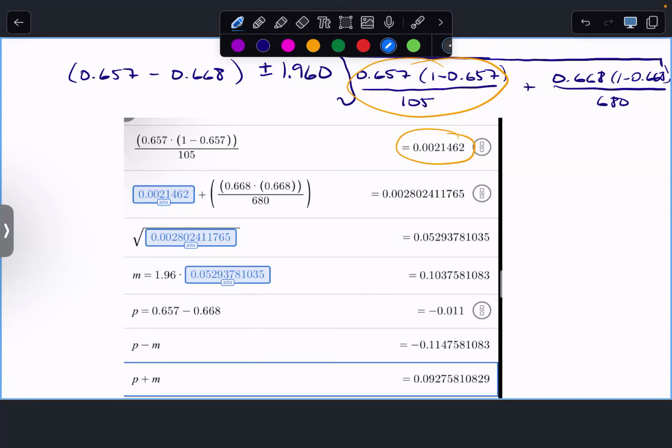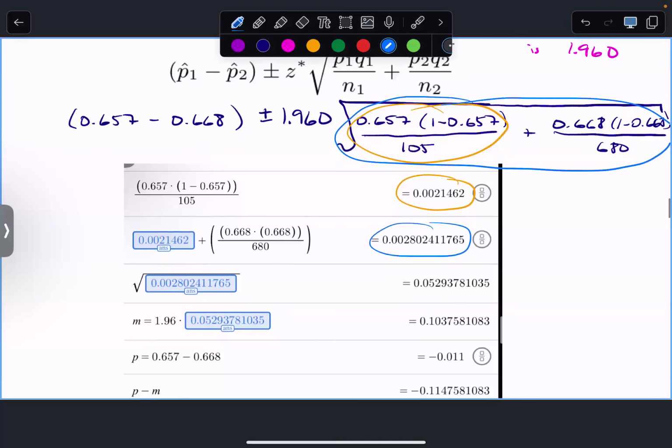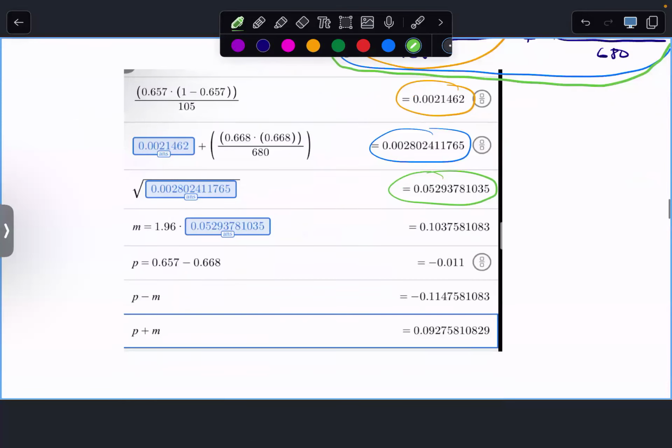The next part here is this, and then the square root. The square root is this value. This is the standard error of P1 hat minus P2 hat. That's my point estimate, right? The standard error of the point estimate.